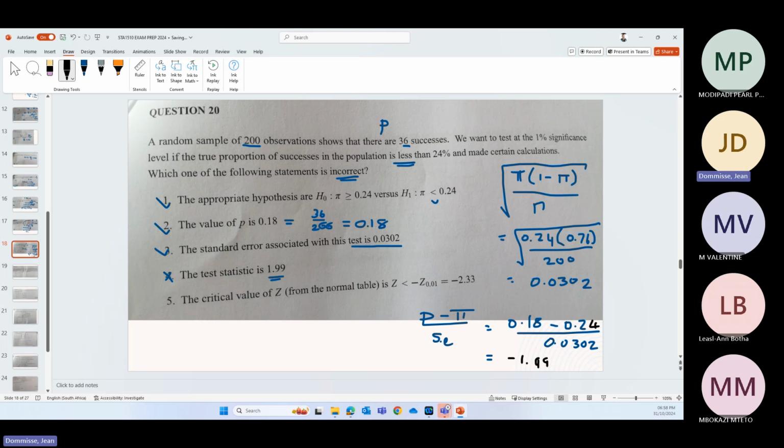And so it's not positive, it's negative, and then that one is also correct. Okay, so again, one could, but you still needed to work through to get to that one. But if we follow the process, we see that the t-stat is negative, and we've got it in the answers as positive. So that is the one that we are looking for to say, okay, that is the incorrect one.